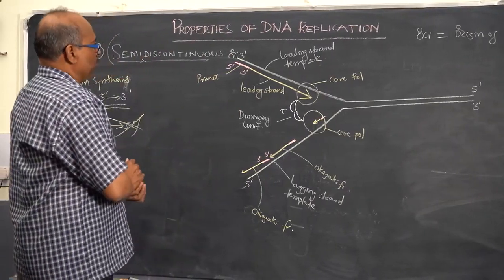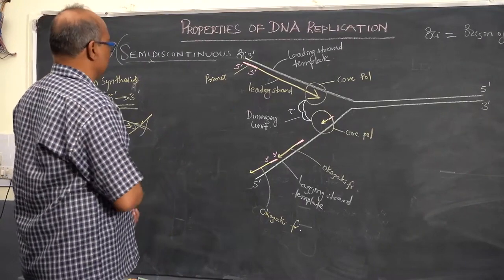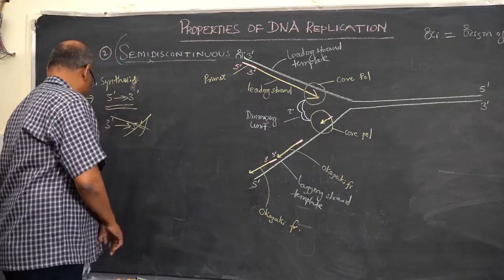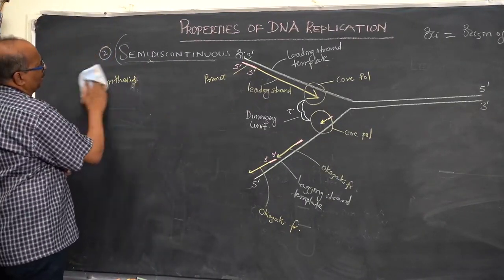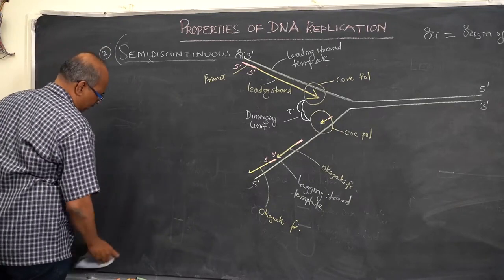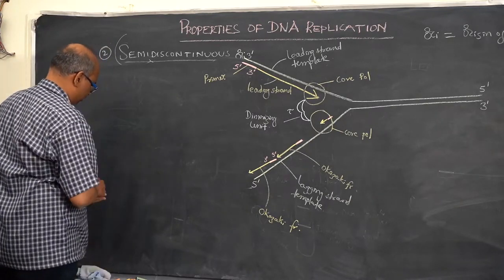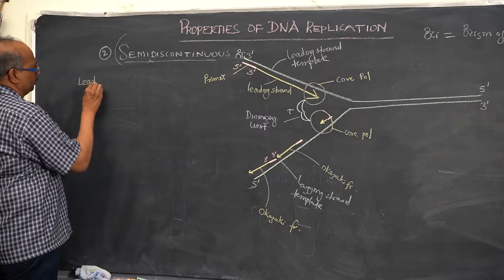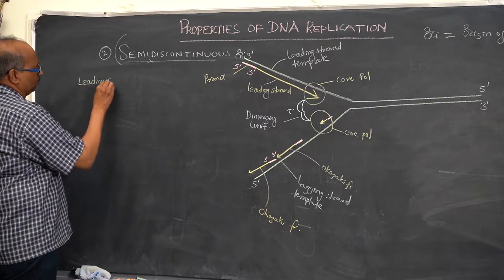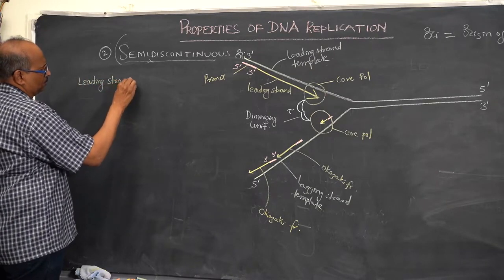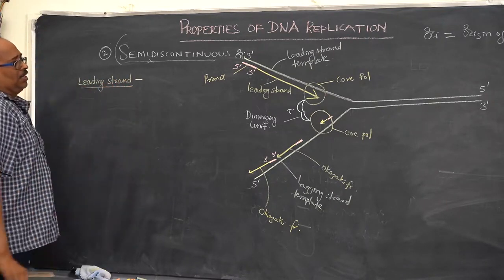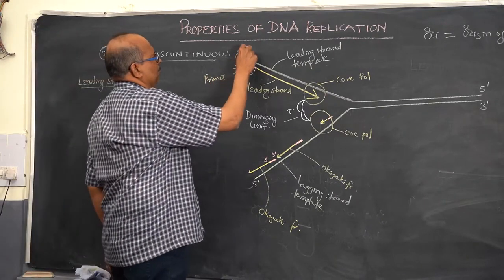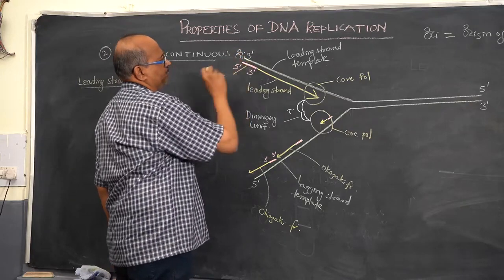Now, in order to describe the leading strand based on the diagram, and also the way you can identify it if a diagram is given: the leading strand is something that begins at the origin.